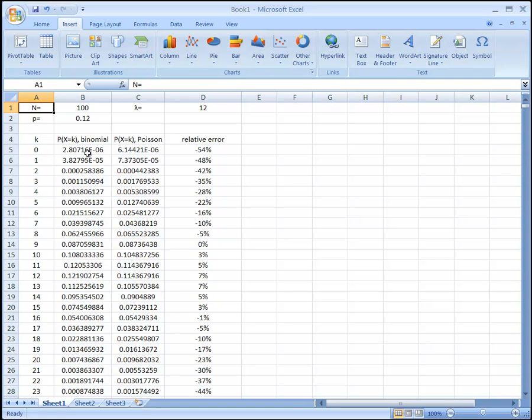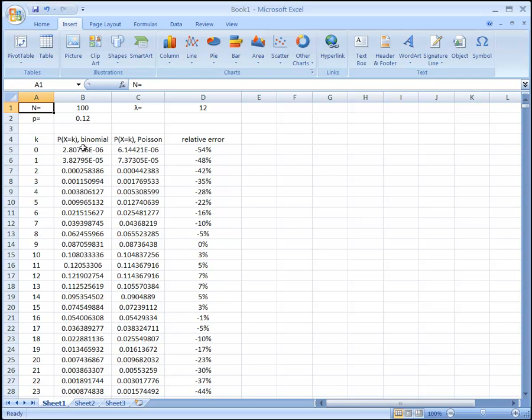So for example, my number right here is the probability that a random variable is equal to k under a binomial distribution with these parameters. Okay. Now, we have n equals 100 and p equals 0.12. So, I'm going to pull up Wolfram Alpha here.